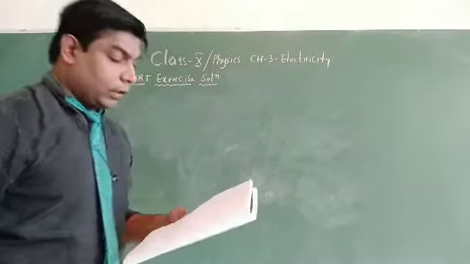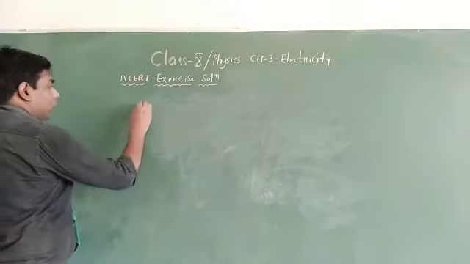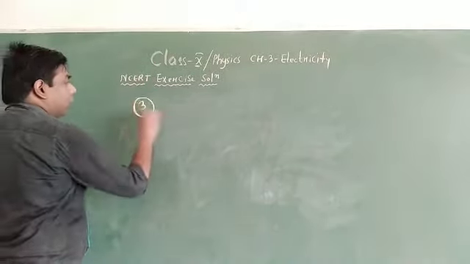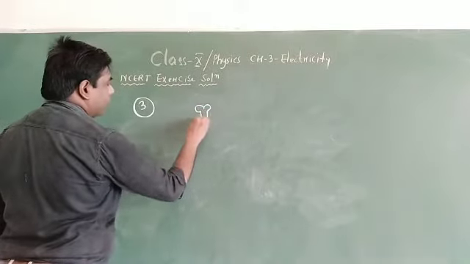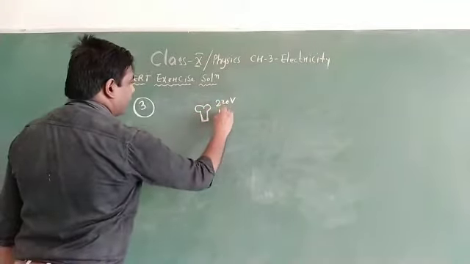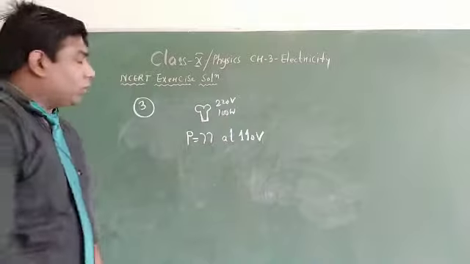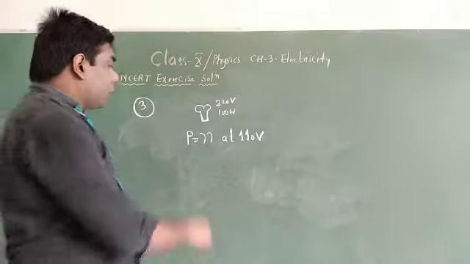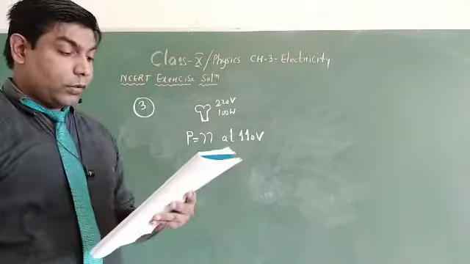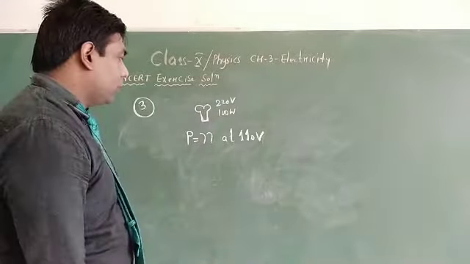Question number 3. An electric bulb is rated 220 volt, 100 watt. See, the bulb is given, its rating is 100 watt, 220 volt. They are asking what will be the power when it is connected to 110 volt. So first we have to calculate the resistance.